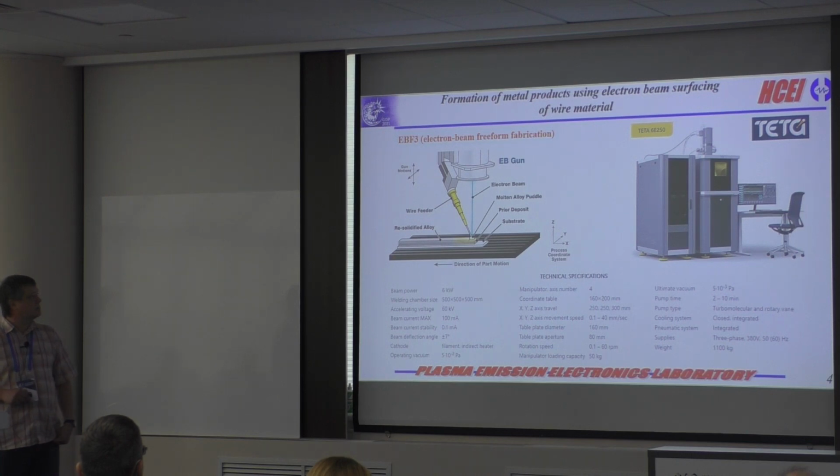Also the technical specification of the equipment is presented on this slide. This technology in classification is named EBF3, electron beam freeform fabrication. It uses wire as material for synthesizing of the products.